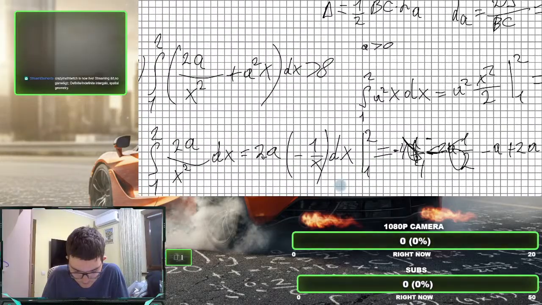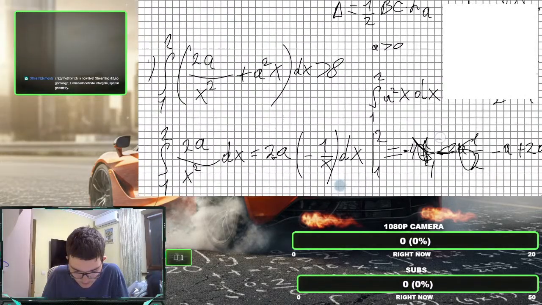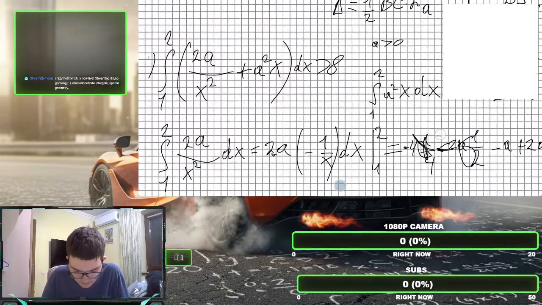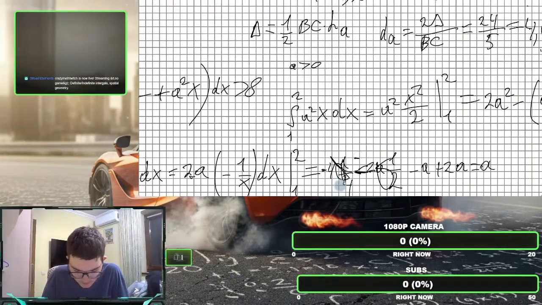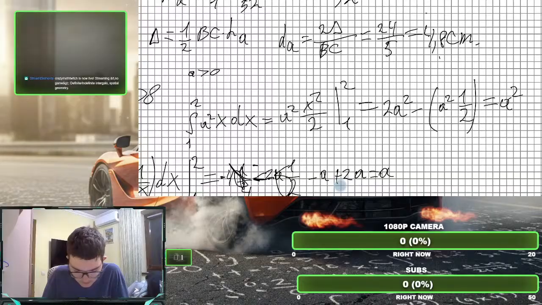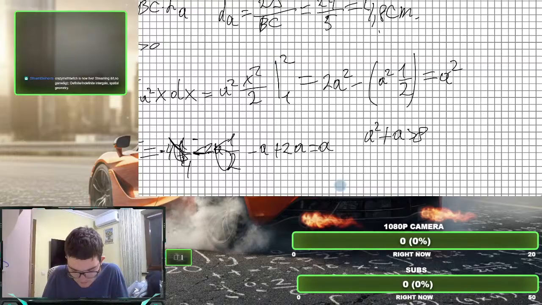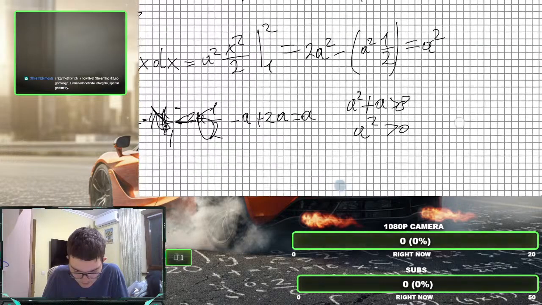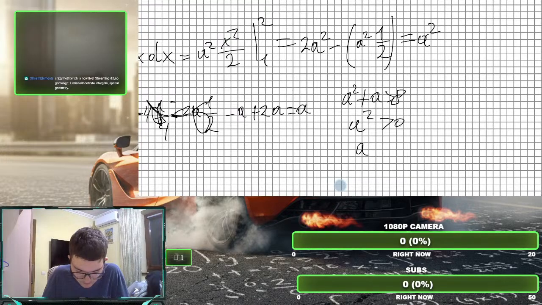So it's a to the second power plus a larger than 8. A to the second power plus 8 larger than 8. So a to the second power is larger than 8, and a 8, so a is larger than 8.